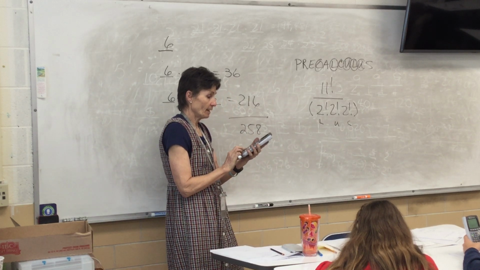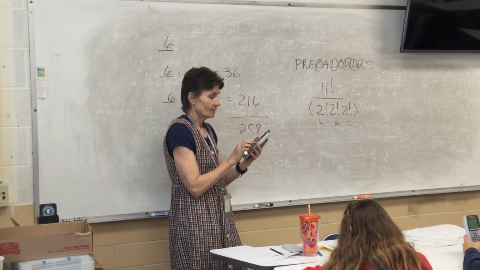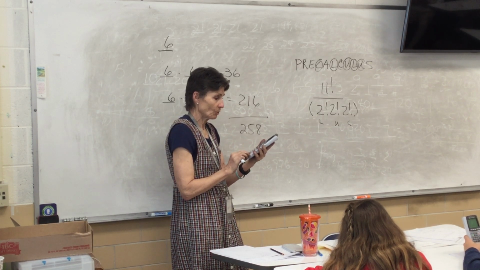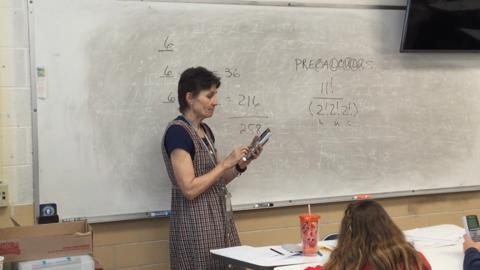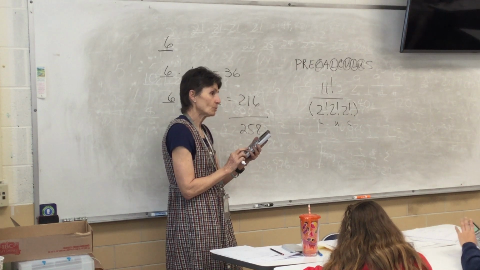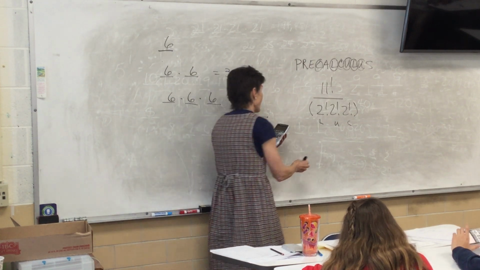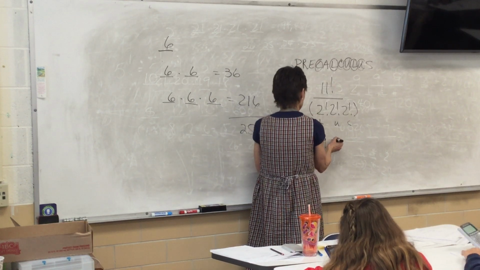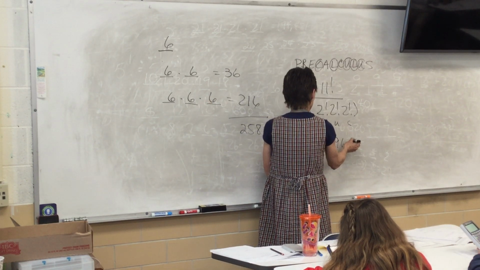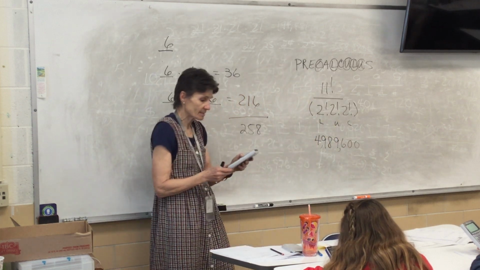So, 11, math, prob, factorial, divided by parentheses, 2 factorial, 2 factorial, 2 factorial. I hope you get this number. It's a huge number. 4,989,600. Yep.